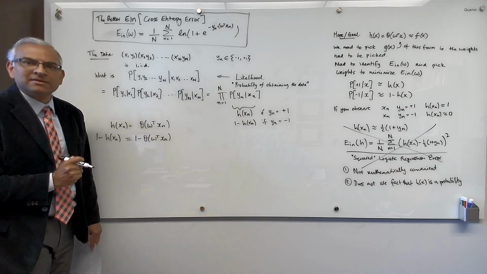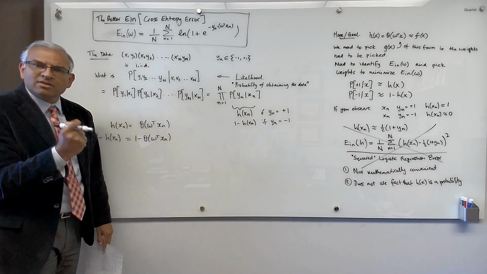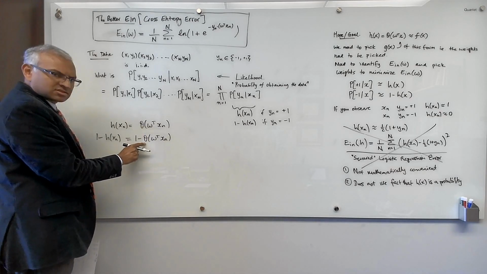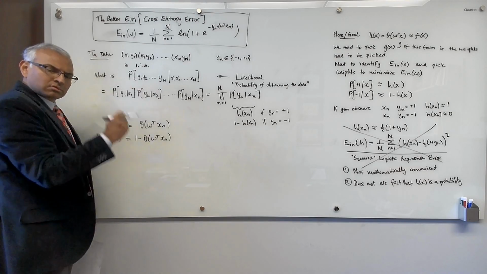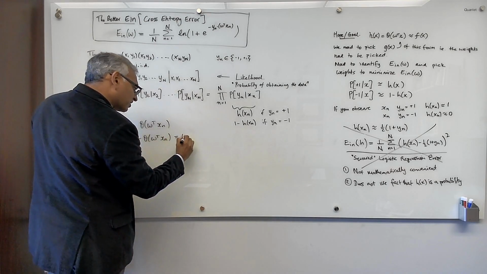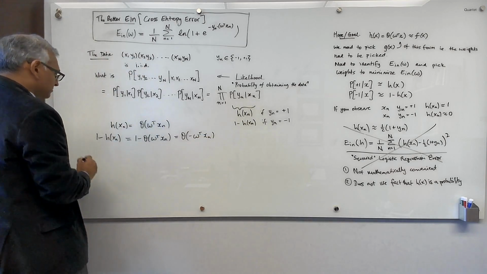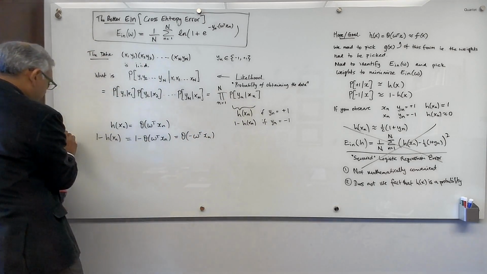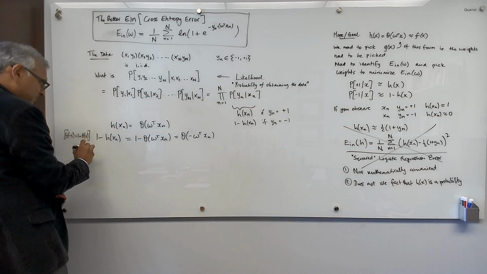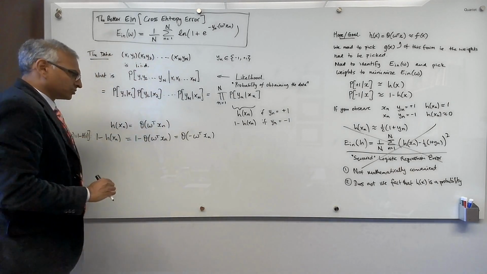If you remember, I told you that the choice of the sigmoid that we made is going to be very mathematically convenient, and here we reap some of that payday, because one of the properties of this sigmoid, and you can look back in your notes, is that this is equal to theta of minus W transpose xn. This is because theta of minus s equals 1 minus theta of s. So we're already benefiting from our particular choice of sigmoid.